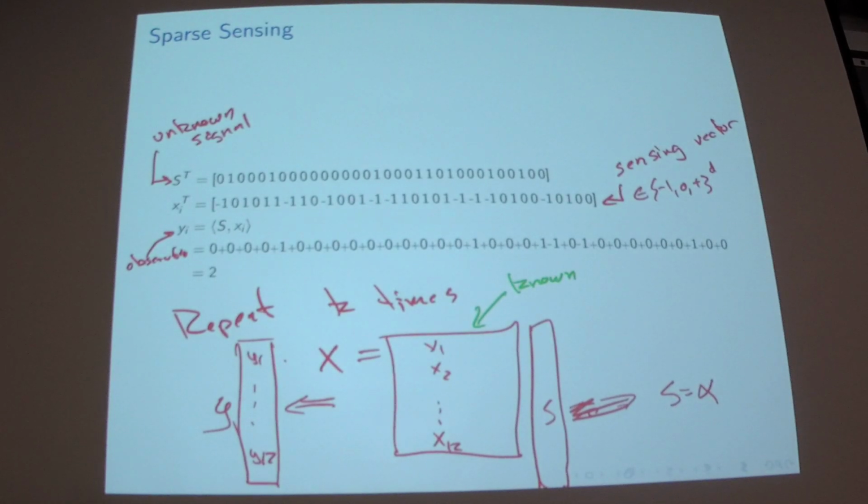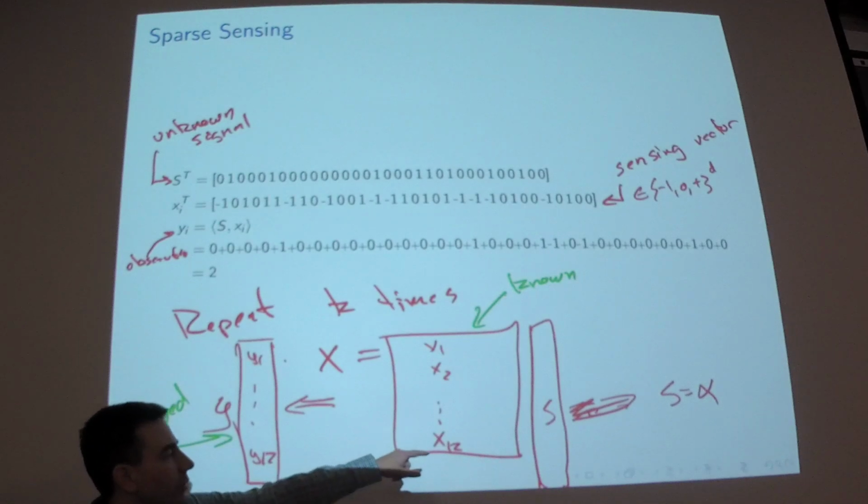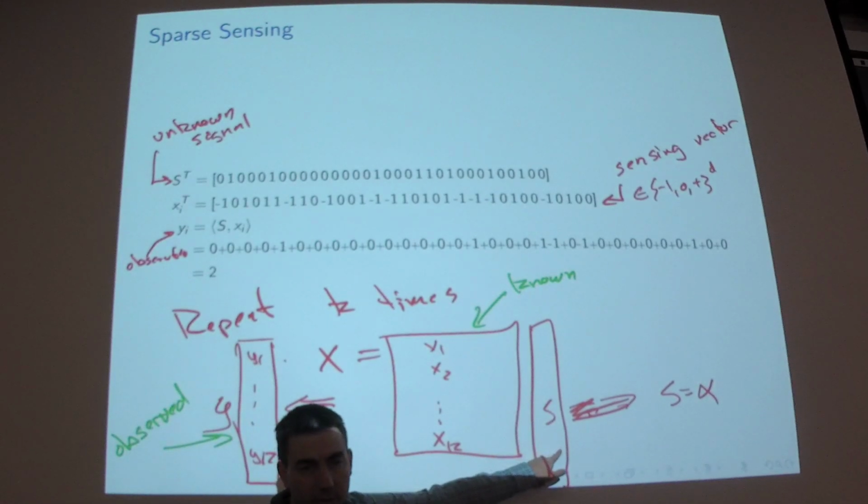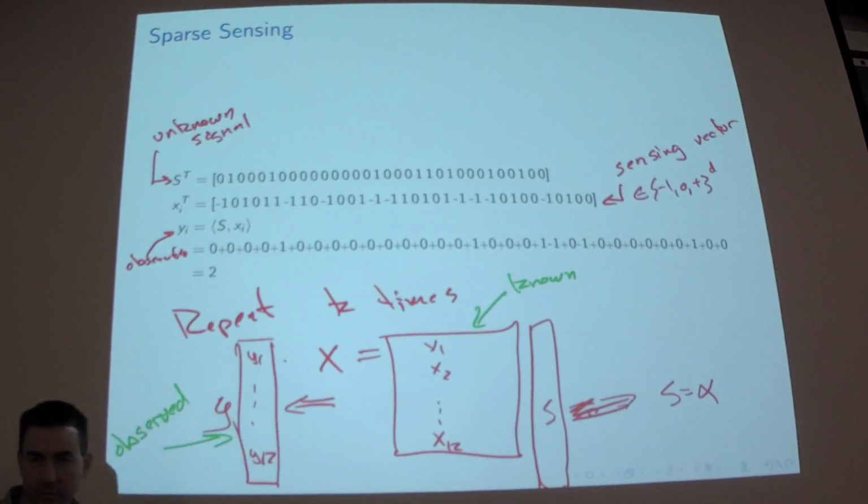This is chosen by my sensing algorithm, and this is going to be observed, right? This is what's observed from the data. And then I want to recover s, the true signal, from this.